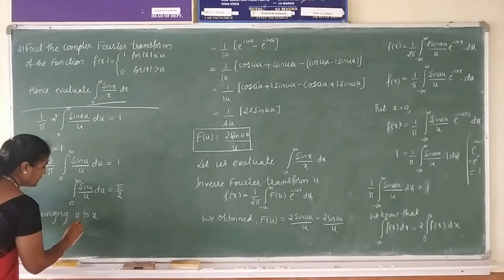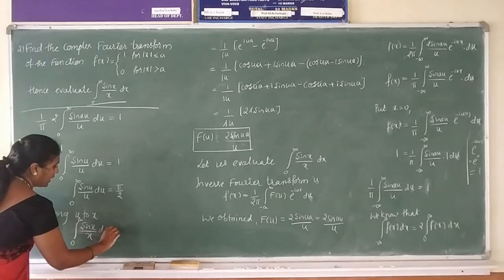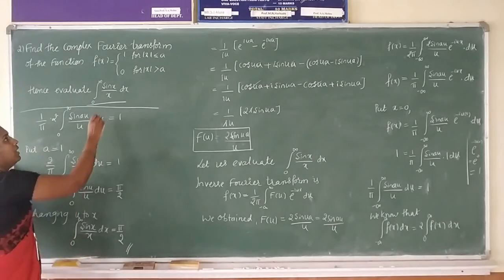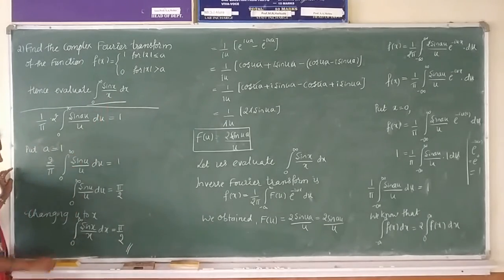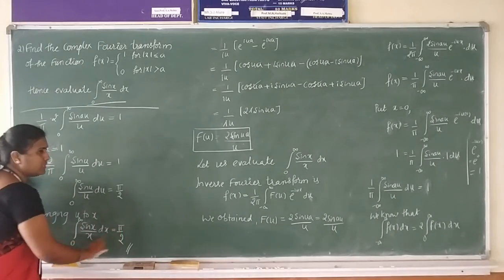That is integration 0 to infinity sin x upon x into dx equals pi by 2. Pi by 2 is the answer for this term. This is nothing but the given question. They are asking to evaluate this term. Evaluate means find the value of this term. Now we have obtained the value as pi by 2.